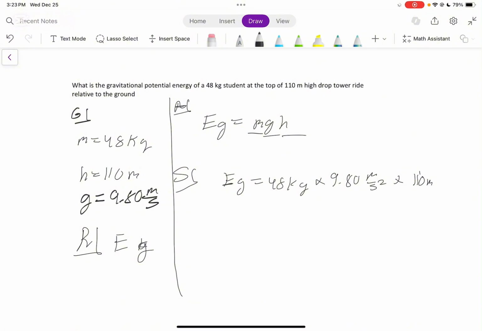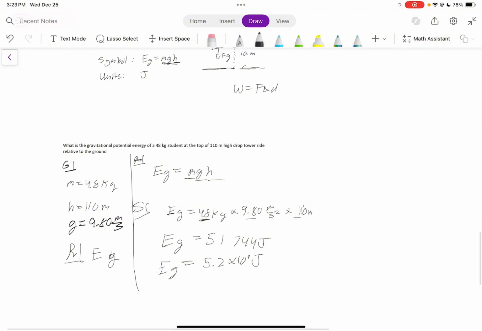So 48 times 9.8 times 110 is equal to 51,744 joules. When we round to two significant digits, because two is the lowest amount, we get EG equal to 5.2 times 10 to the 4 joules. That's basically our gravitational potential energy.